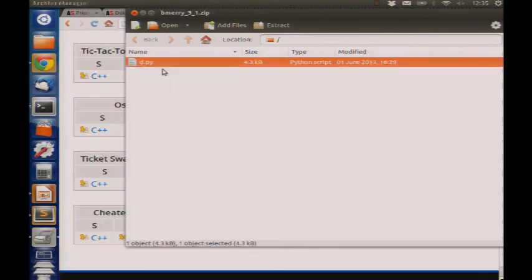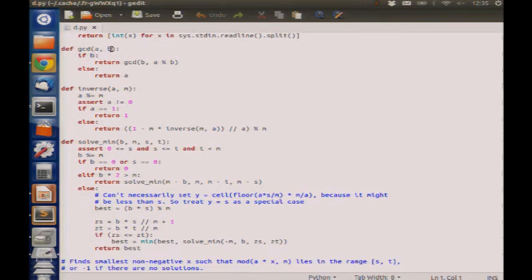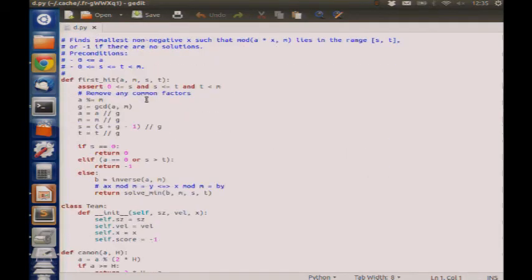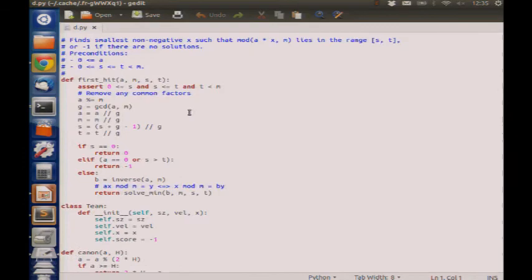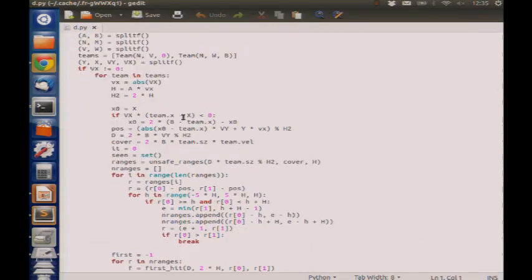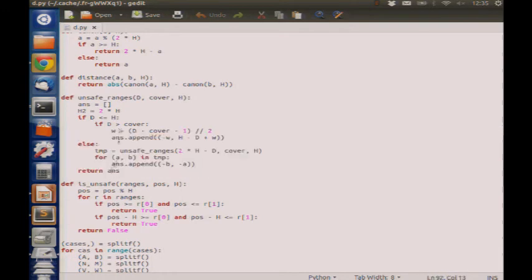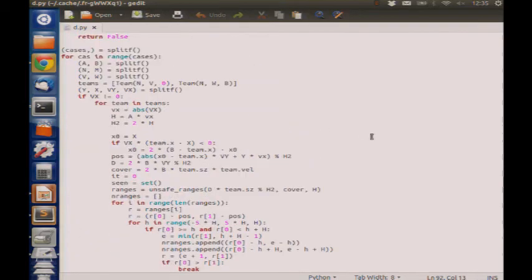GCD, as you see, something very useful. And he used a lot of functions. This is crazy. Anyway, these functions probably are just stuff that he has in a library. You don't write functions during the competition. And this is the solution.